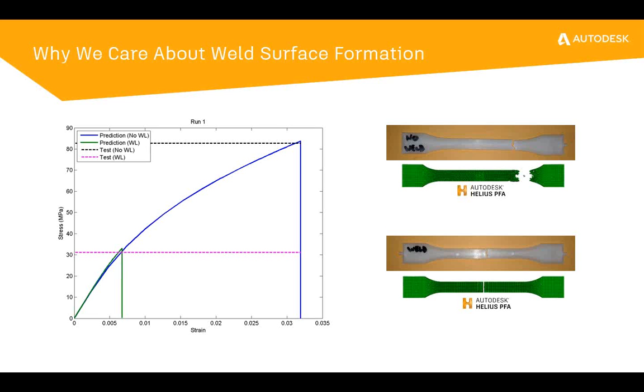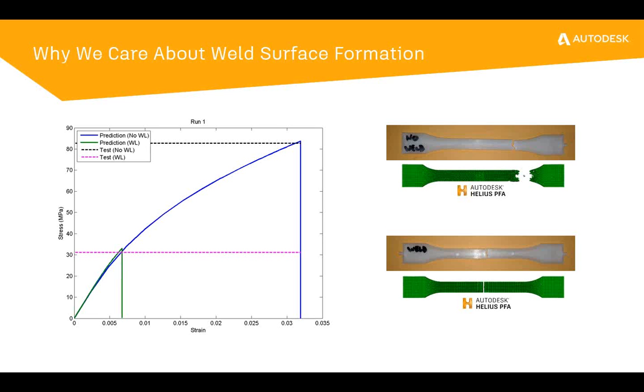And what we did is we measured the stress level at which those two coupons failed. So now focusing on the left-hand graph, you see two dotted lines. You see a black dotted line and a pink dotted line. Those were the experimental levels at which these dog bone coupons failed.